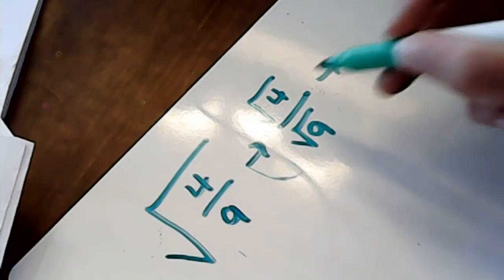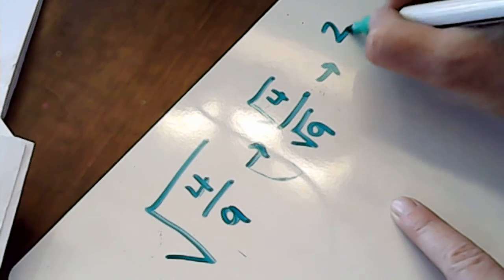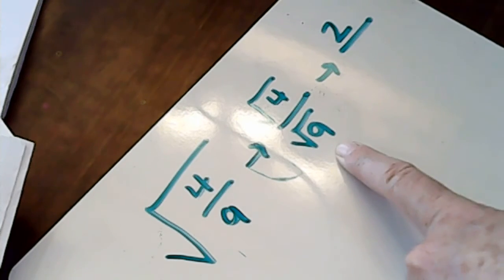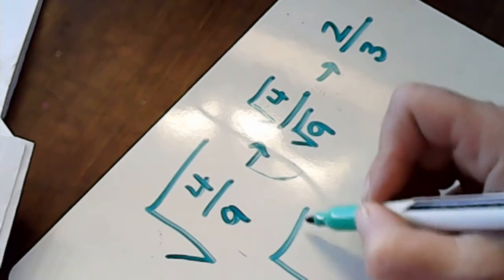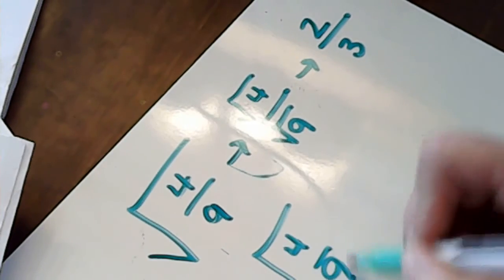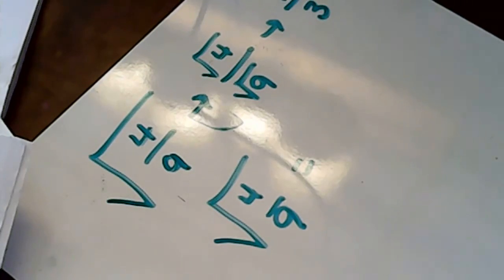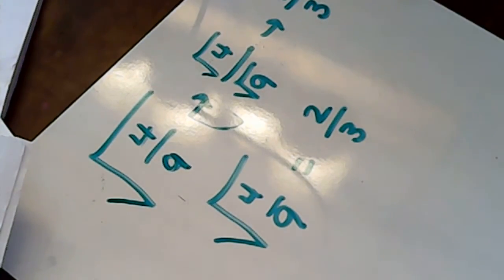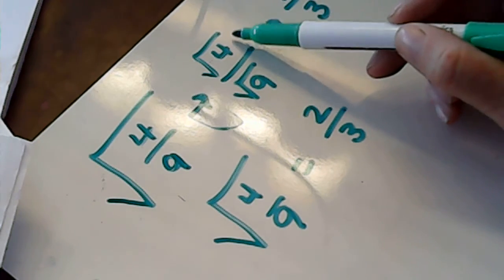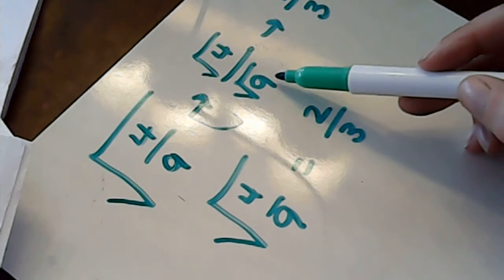And so the square root of 4 is 2, and the square root of 9 is 3. So our final answer for the square root of 4 9ths equals 2/3, right? Because you see that you have 2 times 2 is 4, and 3 times 3 is 9.